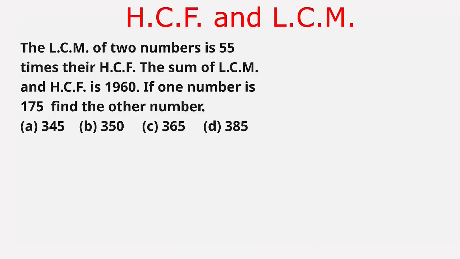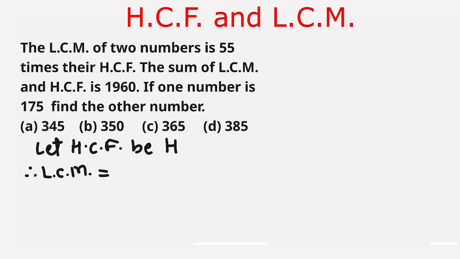It is given that the LCM is 55 times the HCF. Let HCF be H. Therefore, LCM is 55 times H, so I write it as 55H. And their sum is H plus 55H, which is 56H, and this is given to us equal to 1960.